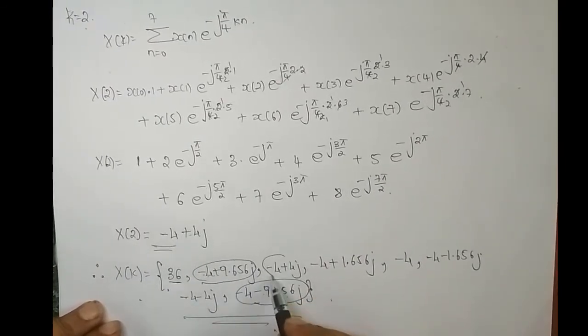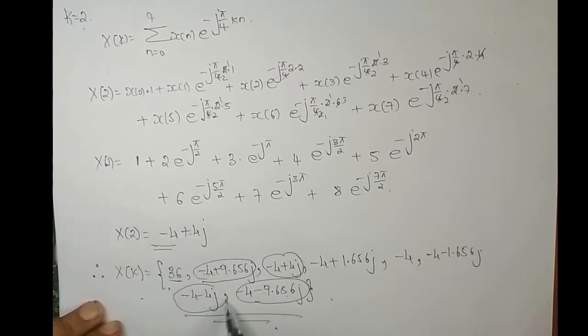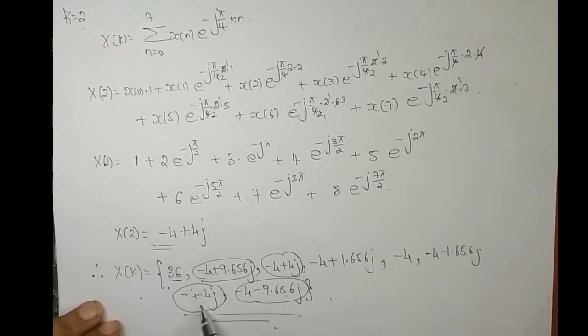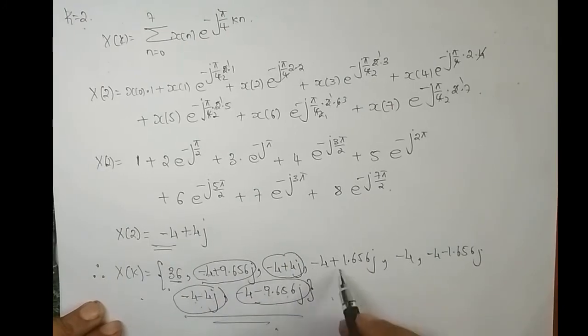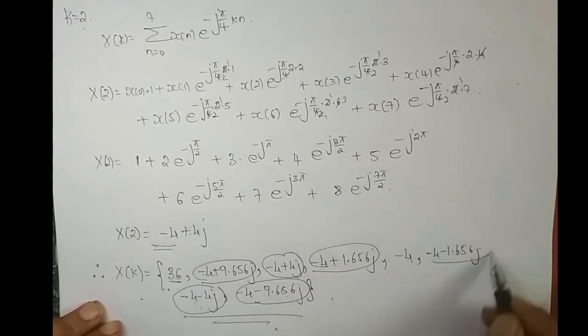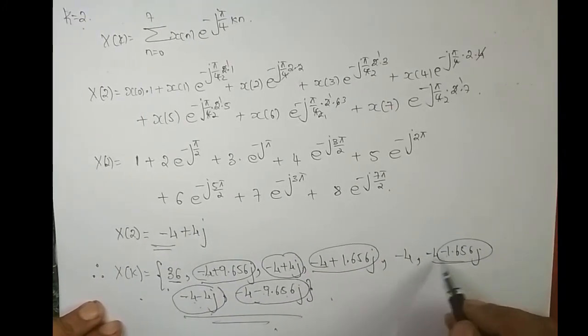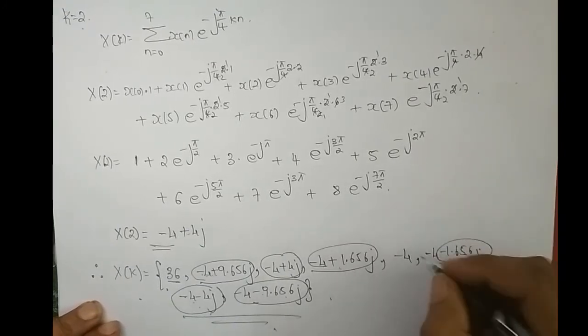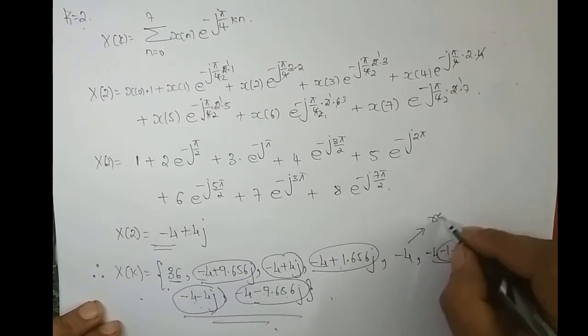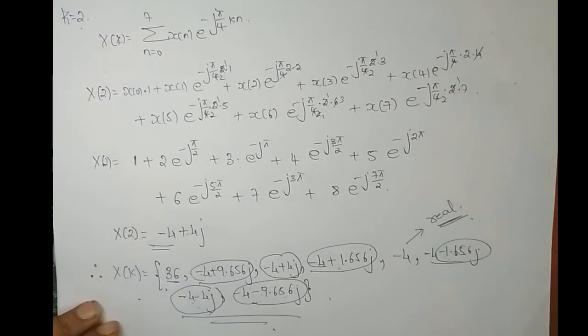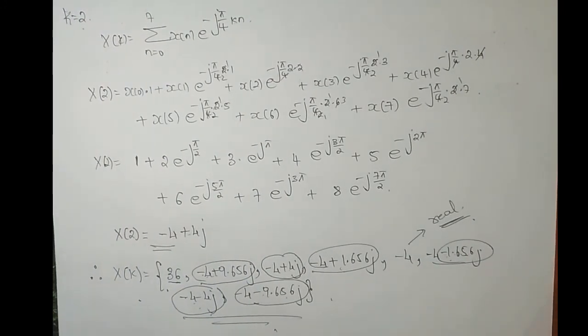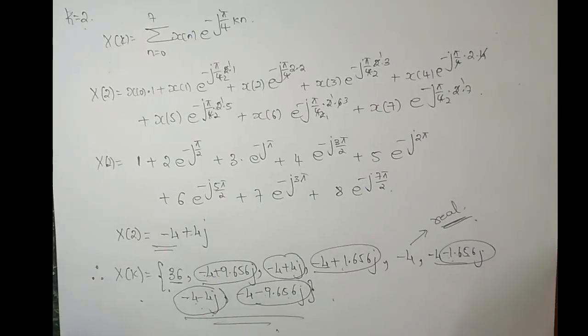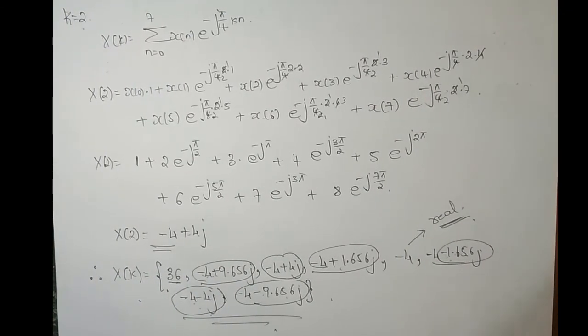And the third sample is the complex conjugate of the last but one sample, which is minus 4 plus 4j and minus 4 minus 4j. And the fourth sample is always the complex conjugate of the last but two sample, which is minus 4 plus 1.65j and minus 4 minus 1.65j. These two are complex conjugates. And this will always be real. So this is the second point to be noted in finding n-point DFT.